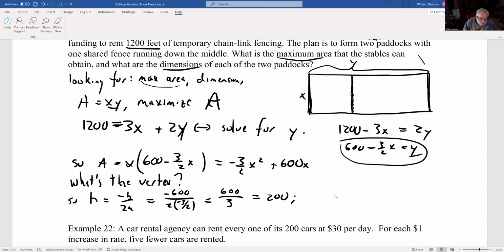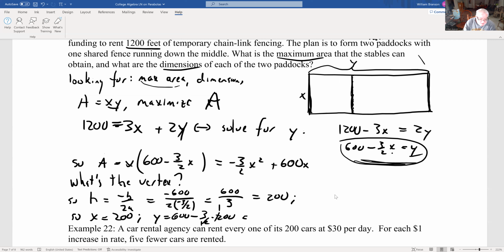What's y then? Y we get from this equation. Once we know x, y equals 600 minus 3 halves times 200. We can cancel that out and be left with a 100 there.